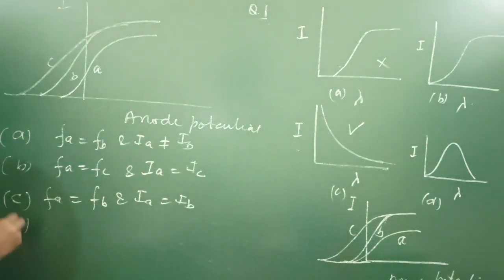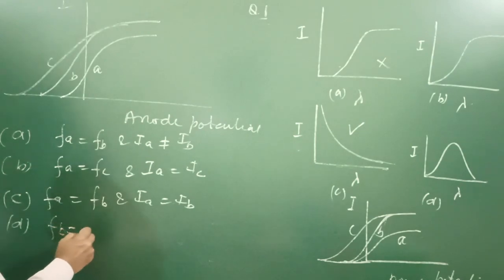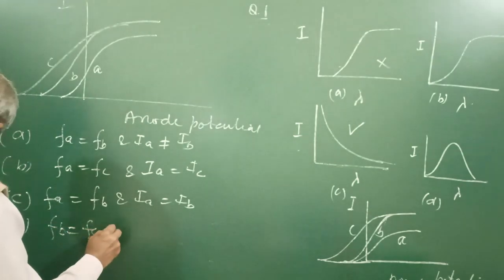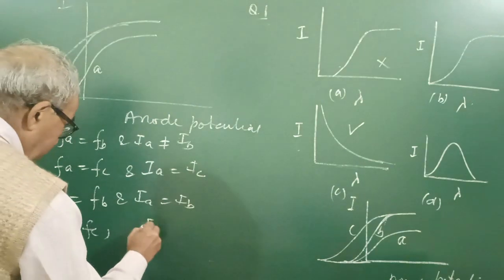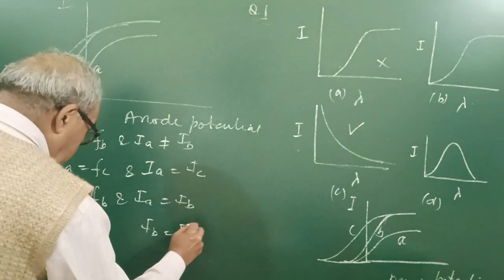D option: FB equal to FC and IB equal to IC.